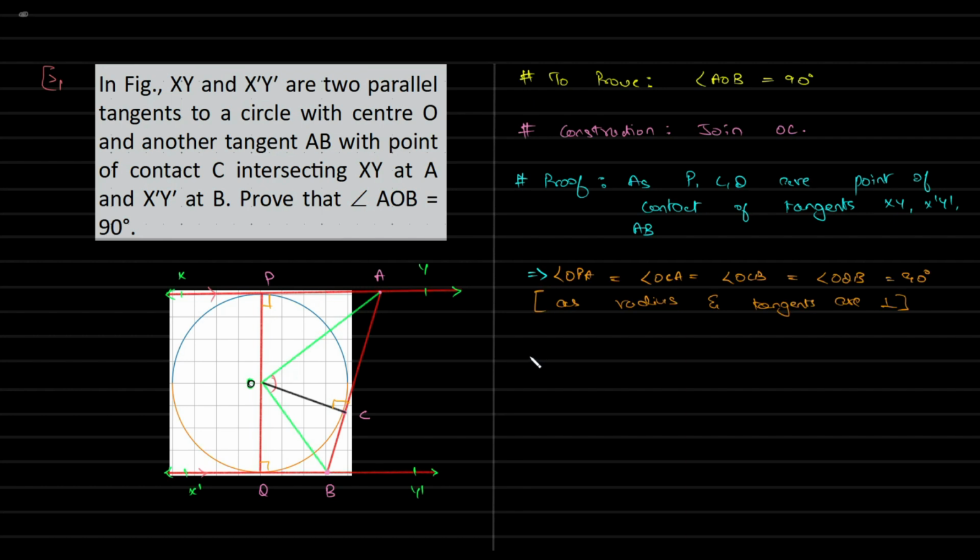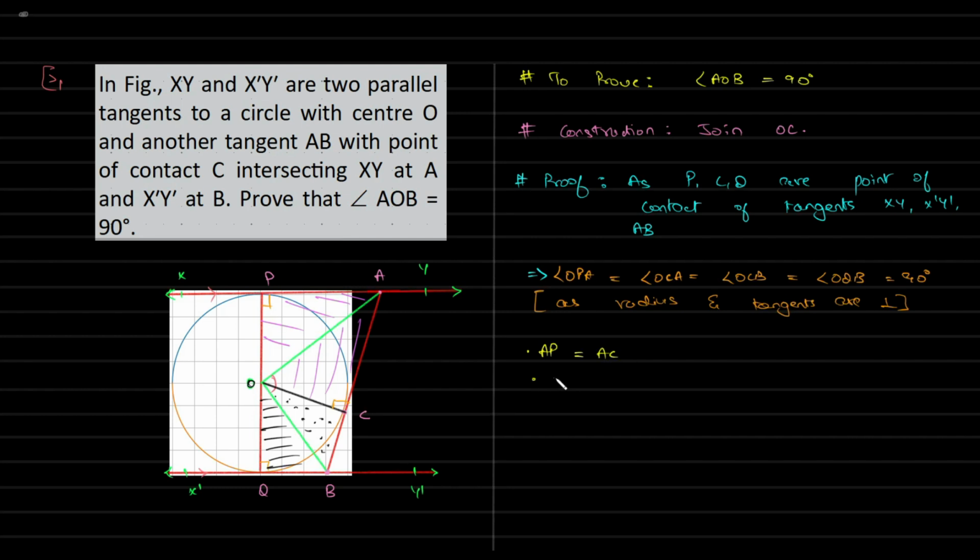Next, see, the funda here is we need to prove this triangle is congruent to this triangle. And similarly, we need to prove that this triangle is congruent to this triangle. That's the funda. So how will we go about doing it? We'll tell that AP is equal to AC.